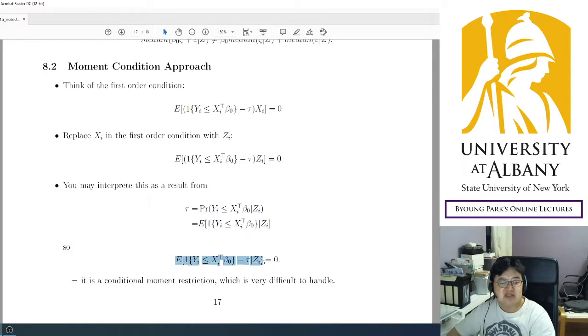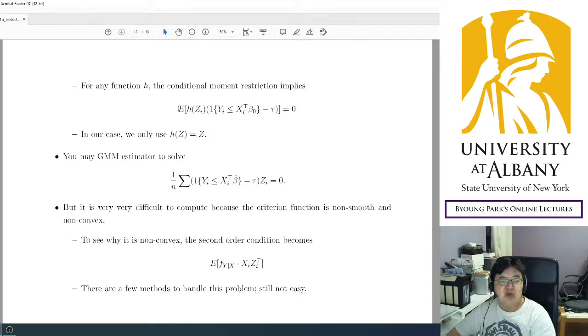This is the conditional moment, which is not easy to handle. The conditional moment is not convenient, because it is conditioned on z. The previous conditional moment implies this: for any function h, we have it equals 0 by the law of iterated expectations.